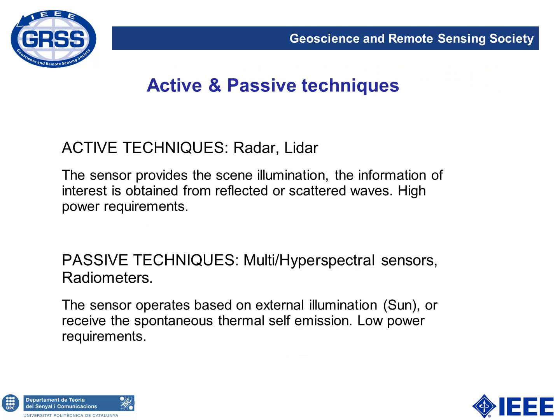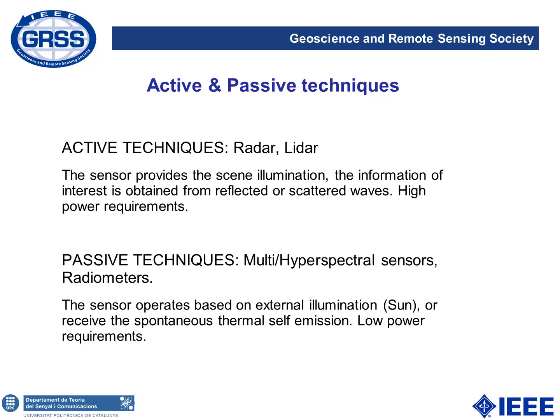The slide shows two categories of remote sensing instruments, active and passive. Active techniques are based on providing the illumination by the sensor itself. So the sensor sends its own illuminating energy in terms of radar pulses or laser pulses.